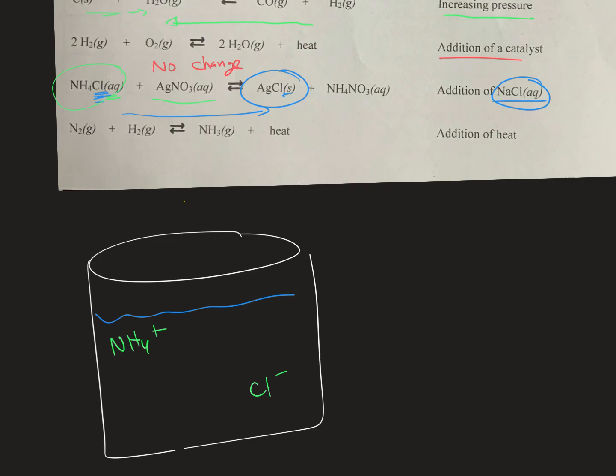Does silver nitrate split up? Yes, because it's aqueous. So we got silver and nitrate. Do these guys hook up?